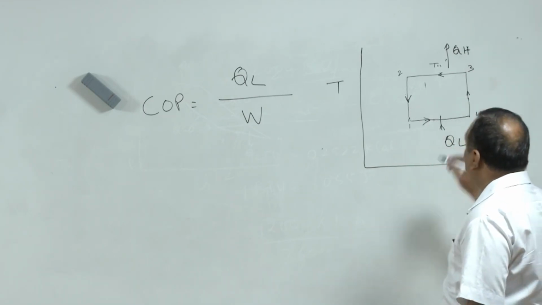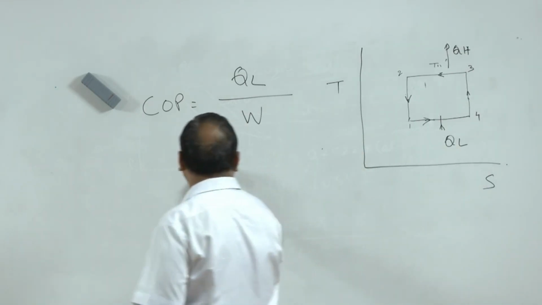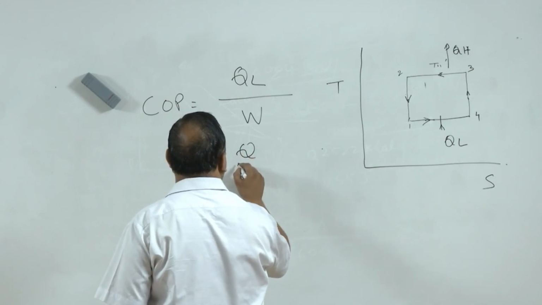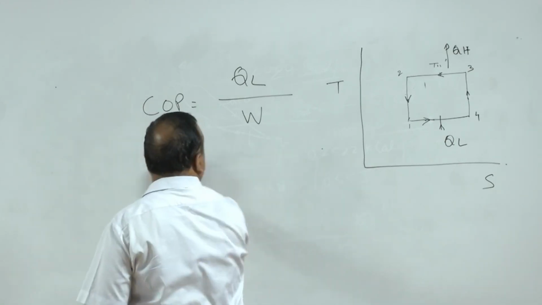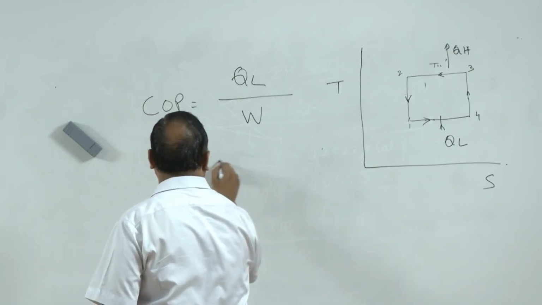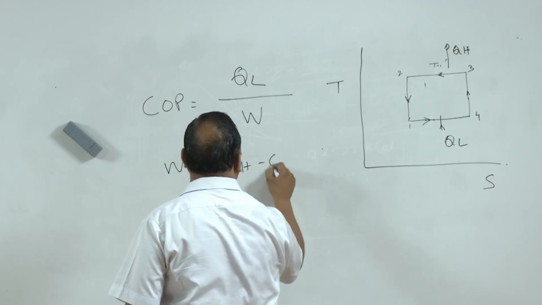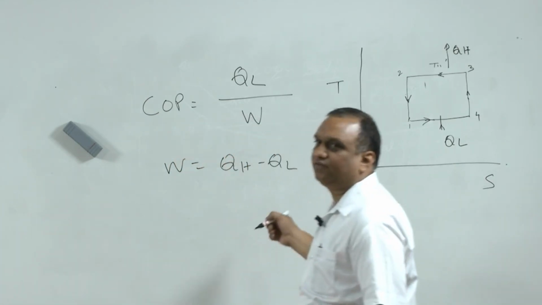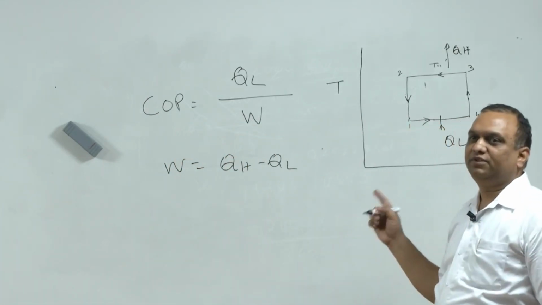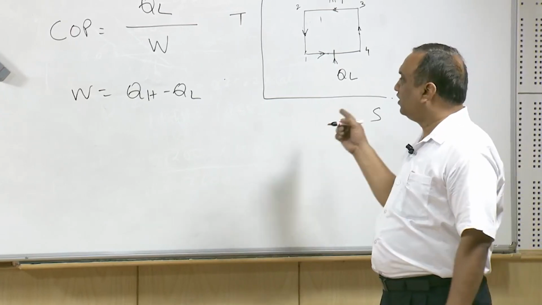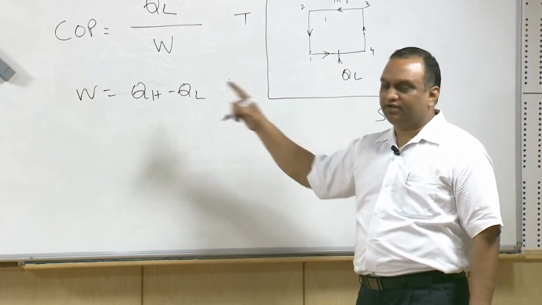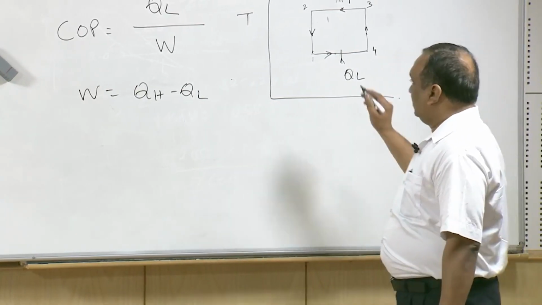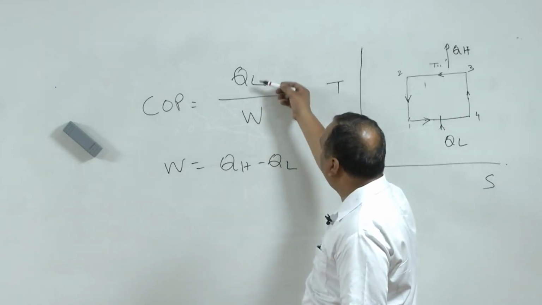As you know, in a Carnot cycle, the work is equal to QH minus QL. We can draw this from the first law of thermodynamics: the cyclic integral of work is equal to the cyclic integral of heat transfer. Now, let us try to find the values of QH and QL.